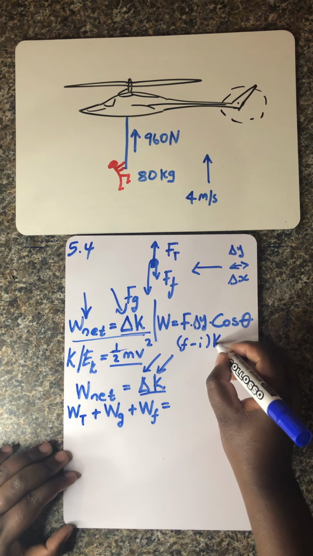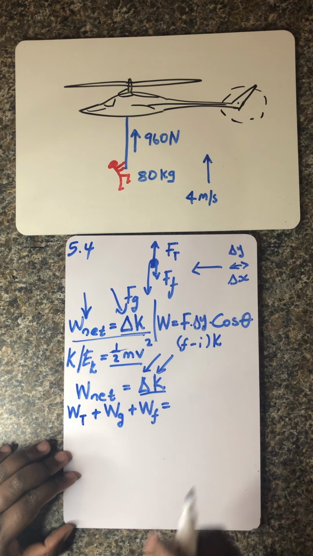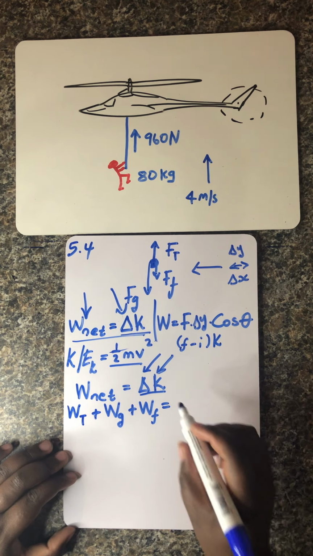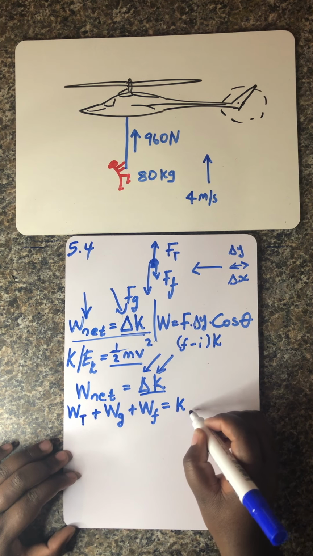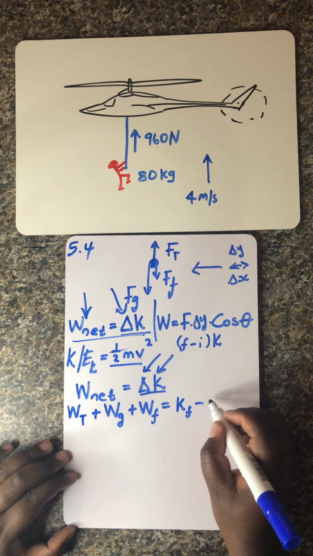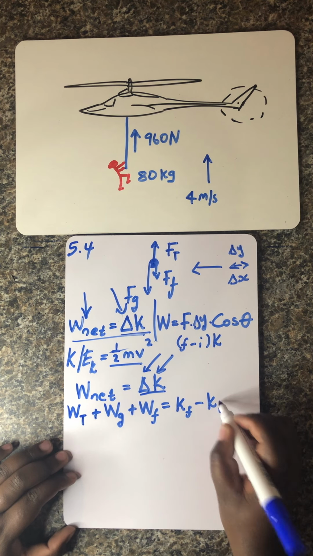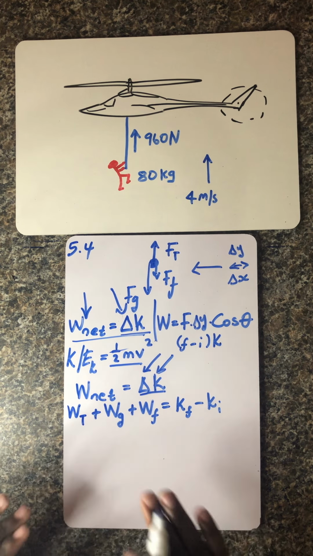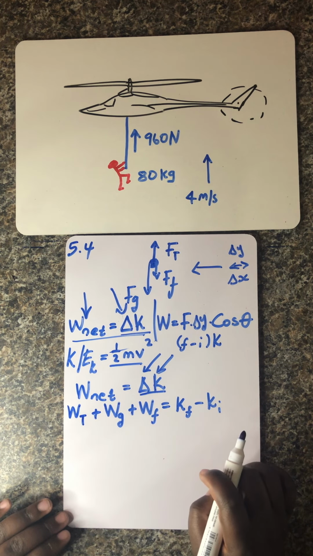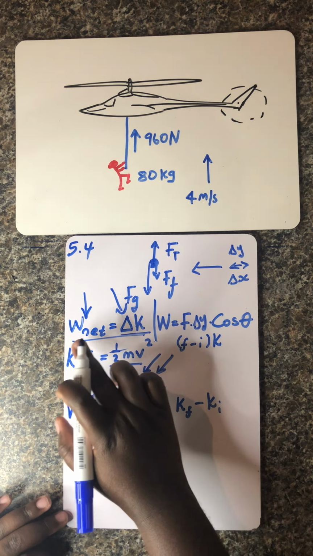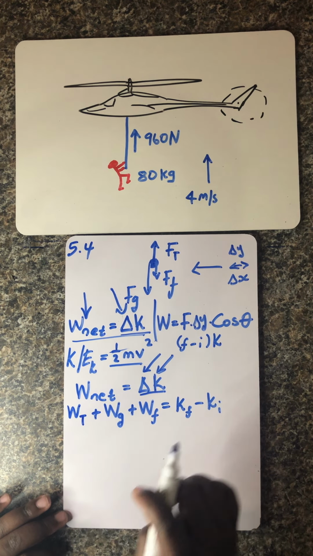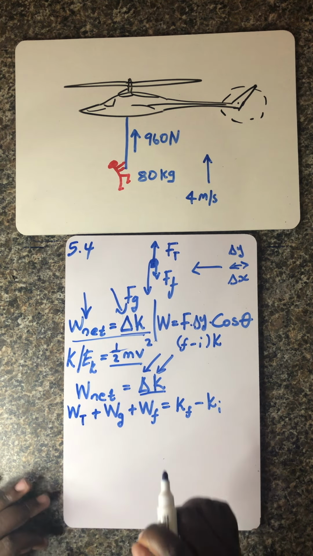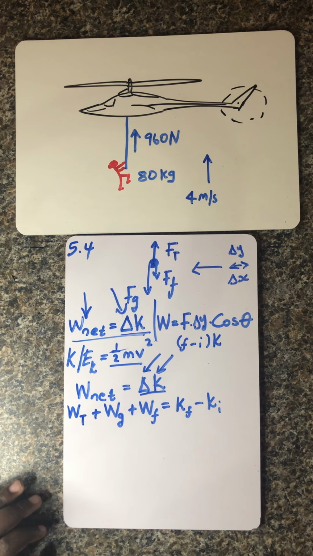So that means it will be delta of K. That means we have kinetic energy final minus kinetic energy initial. Very, very important. What I'm actually doing now is just to formulate using the work energy theorem. So I assume you fully understand.